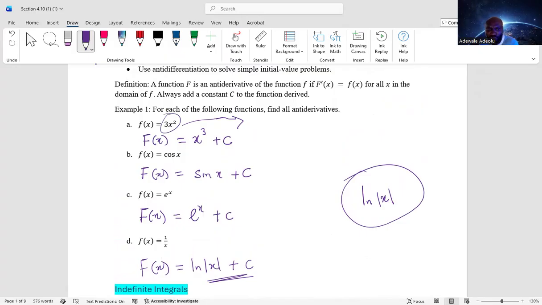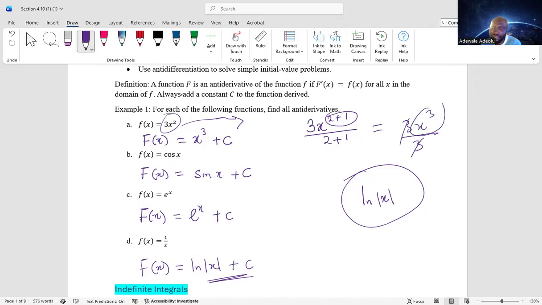You were able to tell me, but what you did was add 1 to that power, and whatever result you got in the power, you divided everything by that new power. So that is 3x raised to power 3 divided by 3.